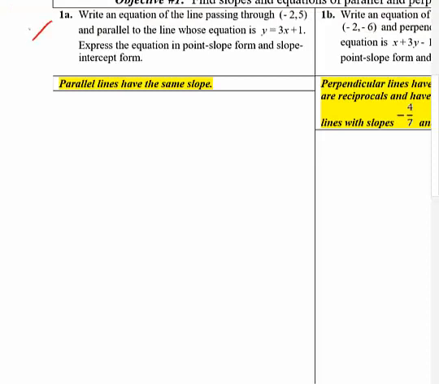First, they want us to write an equation of the line passing through this point. That sounds kind of familiar, like we've seen it in the previous sections. But they want it to be parallel to the line whose equation is y = 3x + 1. So that's a little different. In the previous section, they gave us a point and the slope, or they gave us two points, and said find the equation. But the key here is that if they're parallel lines, then they have the exact same slope.